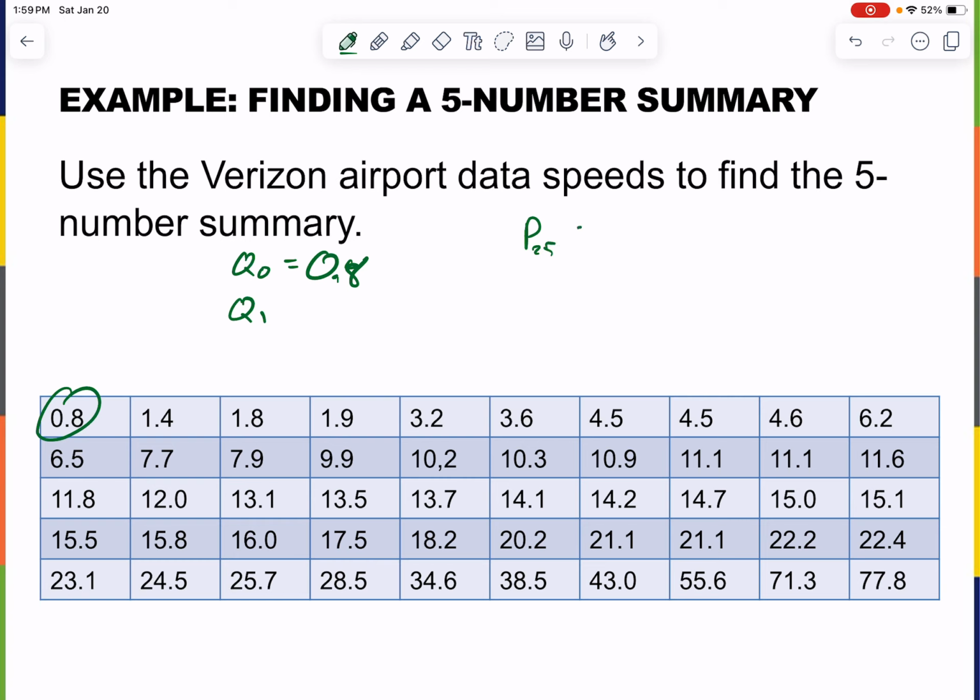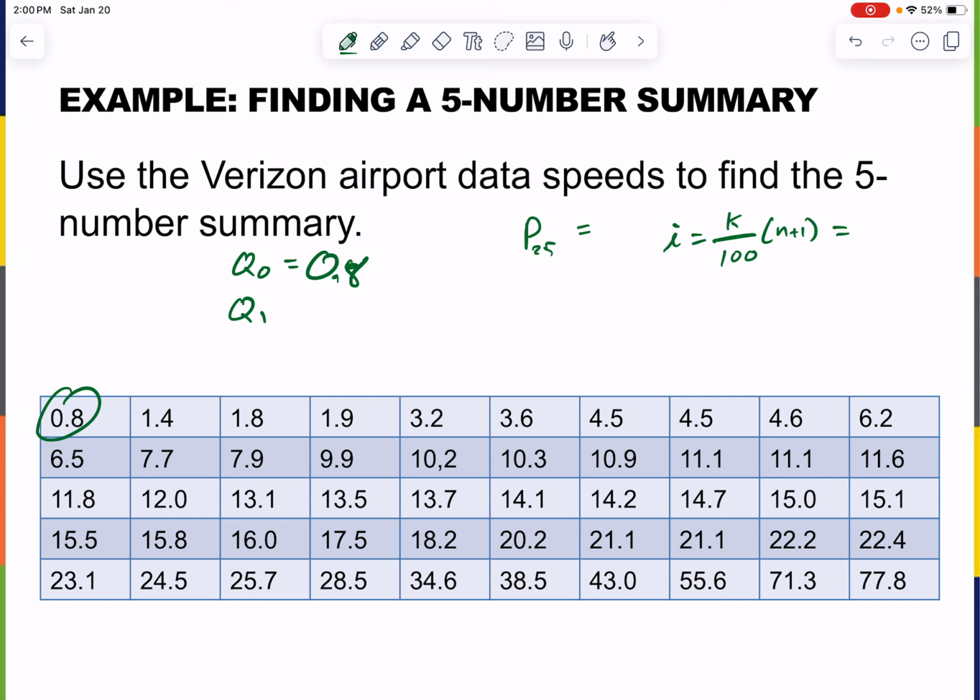And so the way I do that is I'm looking for i equals k over 100 times n plus 1.